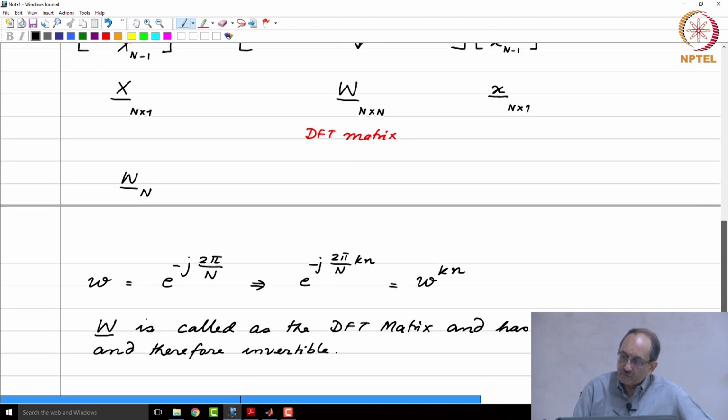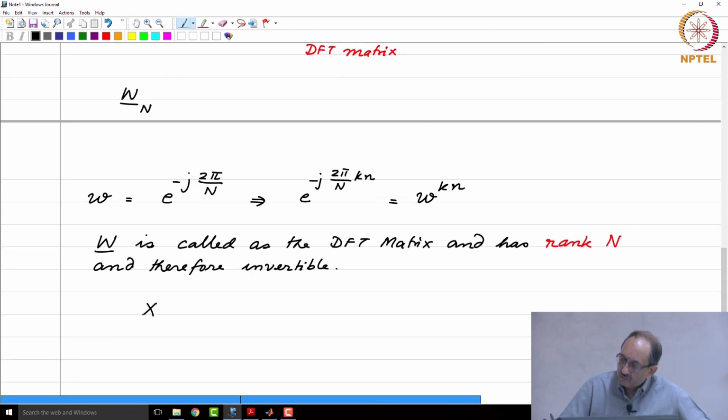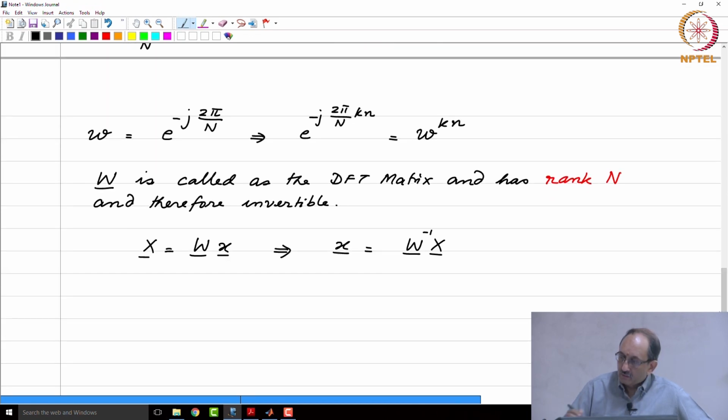So, now we have the case that capital X equals capital W times little x. So, this immediately implies, pre-multiplying both sides by W inverse, that little x becomes W inverse times capital X, and you can show that W inverse is this.